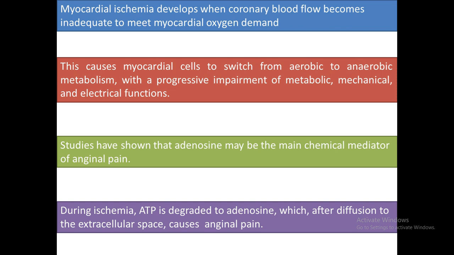Studies have shown that adenosine may be the main chemical mediator of anginal pain. During ischemia, ATP is degraded to adenosine, which diffuses to the extracellular space and causes the anginal pain. So these are the pathophysiological conditions of angina.